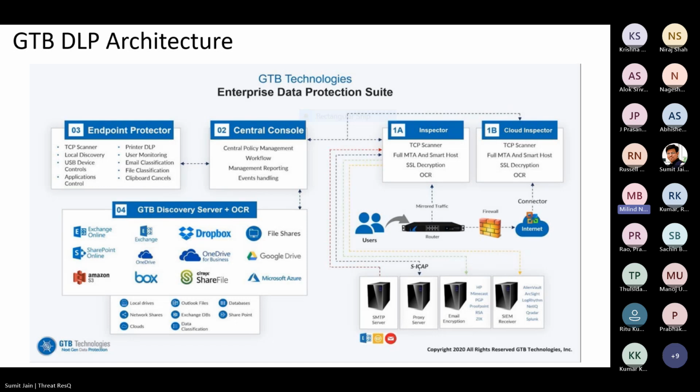All these three licenses can support Exchange online as well as on-premise Exchange, SharePoint, Amazon S3 bucket, OneDrive, Box, OneDrive for Business, Dropbox, Citrix ShareFile or file shares, Google Drive, or even Microsoft Azure cloud.